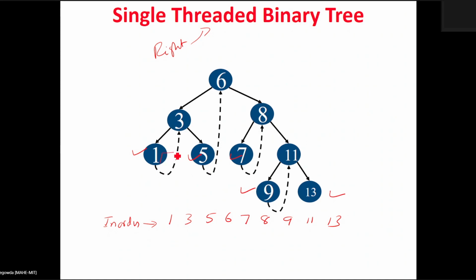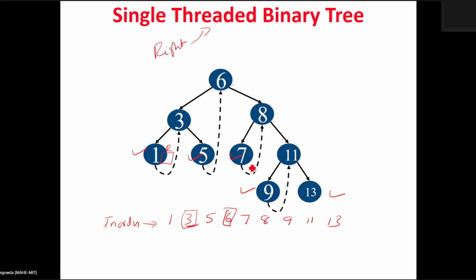Looking at the in-order traversal, the in-order successor of node 1 is 3, so the address of 3 is put into the right field of leaf node 1. Similarly, 5 is also a leaf node, and its in-order successor is 6, so the right link field of 5 is filled with the address of node 6.